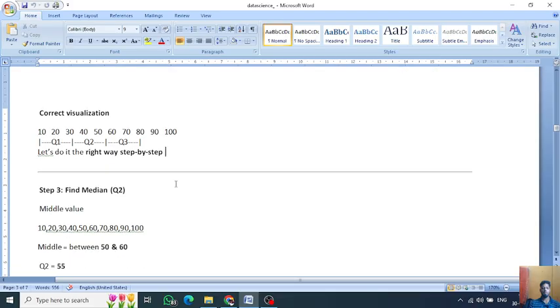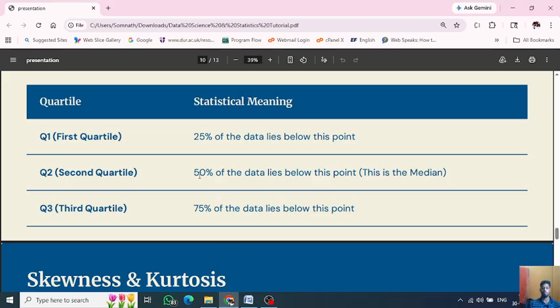Now let's do it step by step. First we have to find the median. The median is Q2, because it marks 50% of the data. The median means the middle, the point where 50% of the data lies on the left side. It works on sorted data, not unsorted data.